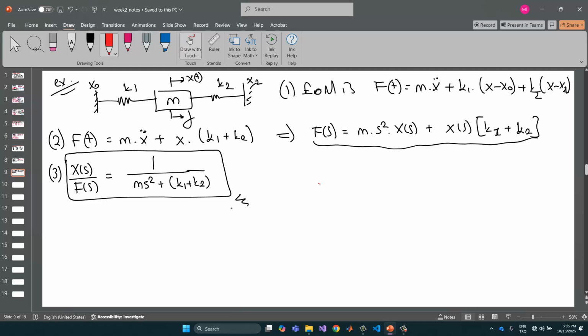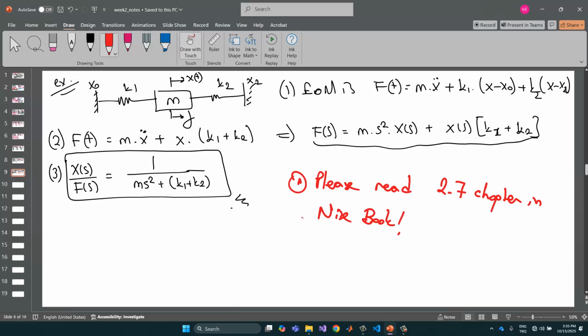And also, please read section 2.7 in the textbook. Okay? So, any question?